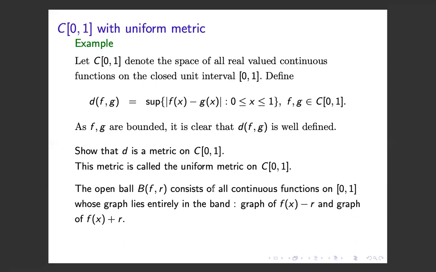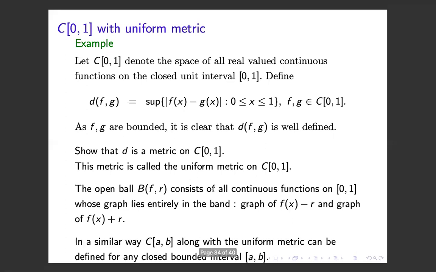So the open ball with center f in this space C[0,1] and with radius r consists of all those functions whose graph lies entirely within this band. I think that is pretty obvious. You just draw a rough diagram with paper and pencil. In a similar way, instead of the closed interval [0, 1], if you take a closed interval [a, b], the same thing can be defined. Only in that case, the supremum has to be taken between a and b.